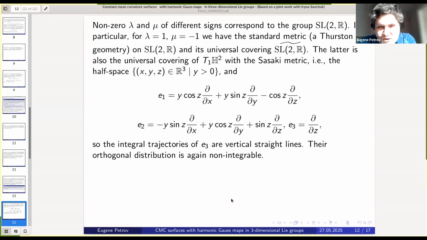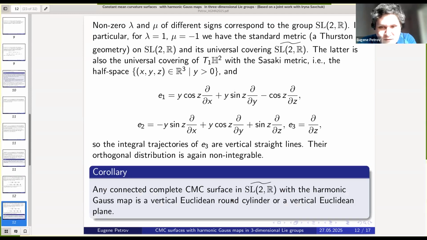So the integral trajectories of E3 are again vertical straight lines, and the orthogonal distribution is again non-integrable. So we again have round cylinders or parts of cylinders because we have y more than 0, or vertical Euclidean planes or half planes.